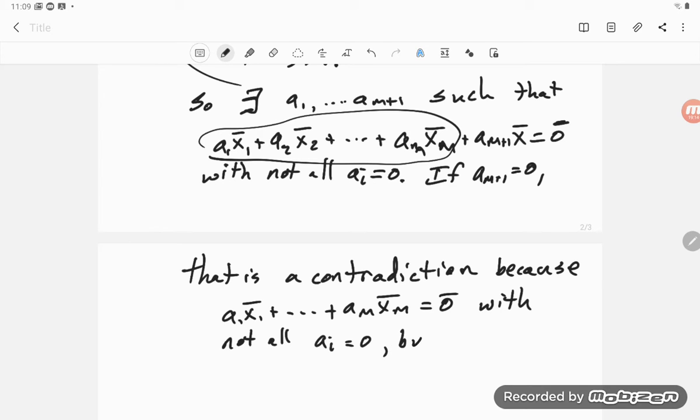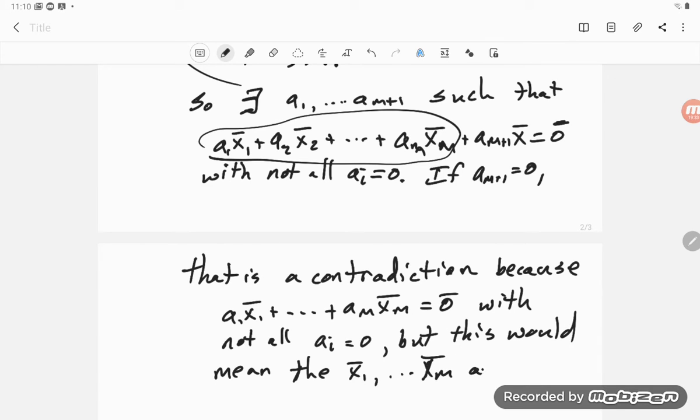But this would mean x1 to xm are dependent, and they're not.